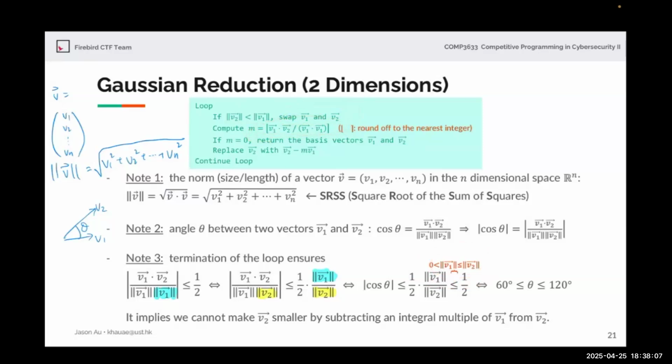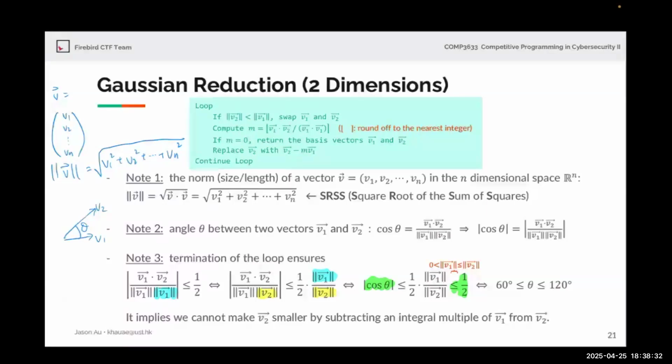And it ensures that this ratio must be less than or equal to 1, so that the above must be less than or equal to the below one. So this thing is actually less than or equal to 1/2. So the absolute value of cosine theta is less than 1/2.